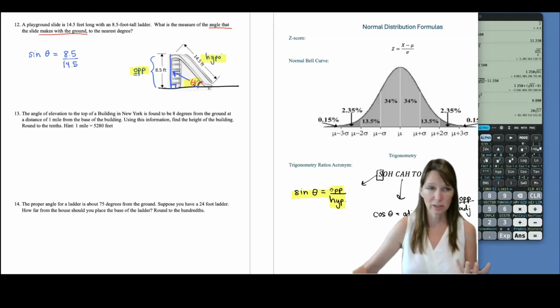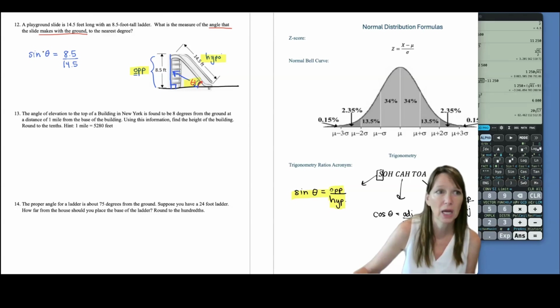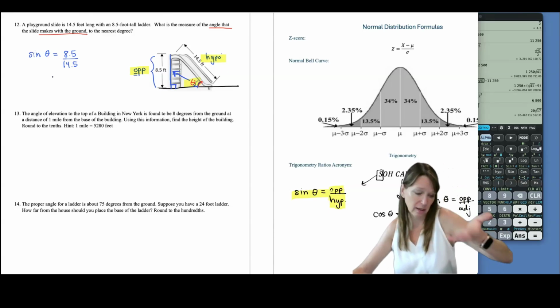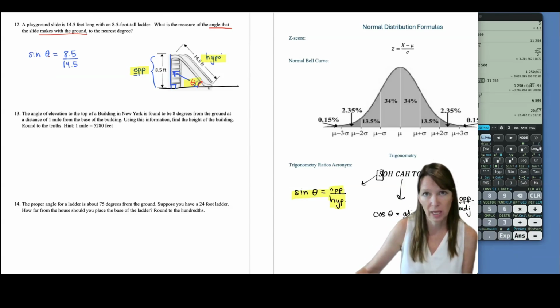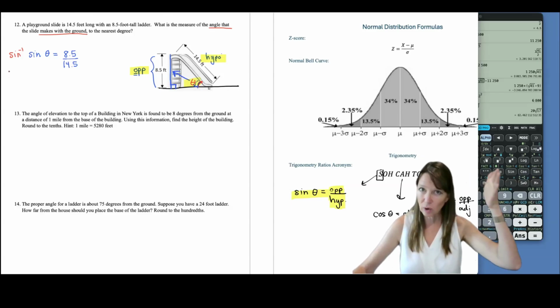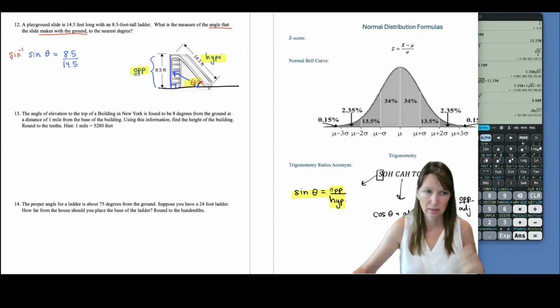Now, we started out with a tough one here because I don't know the angle, so you can't just put sine of an unknown in your calculator. I'm going to have to solve for the angle by using the inverse function of the sine. That is the sine with the -1 power. We don't call it sine to the -1, we just call it the inverse sine.